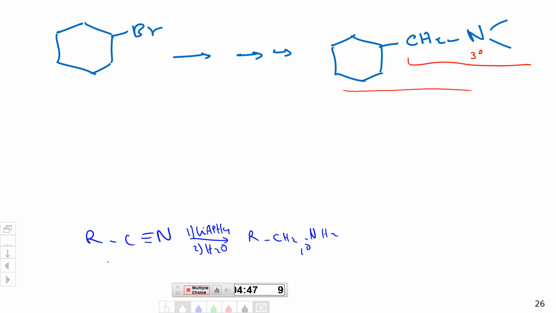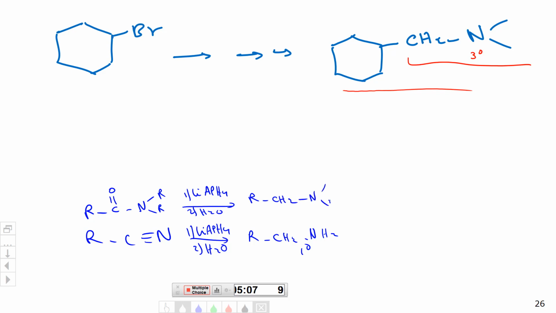The other one, we learned also that we can reduce amides, and amides can have a nitrogen which is substituted. So we can use exactly the same reducing agent to end up with this in here.